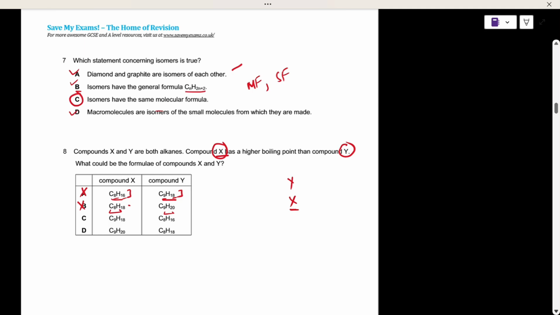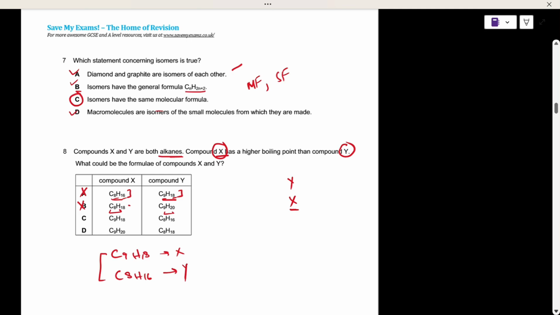Part C is C9H18 and C8H16. Yeah, that can be true. But let's just figure it out. This is C9H18, which it says is X, and C8H16. Now, by theory, it is right. But what we need to actually see is whether these are actually alkane molecules.